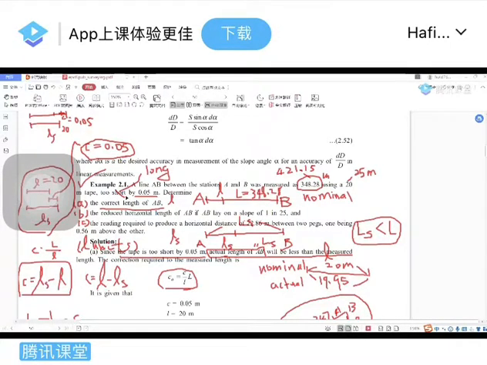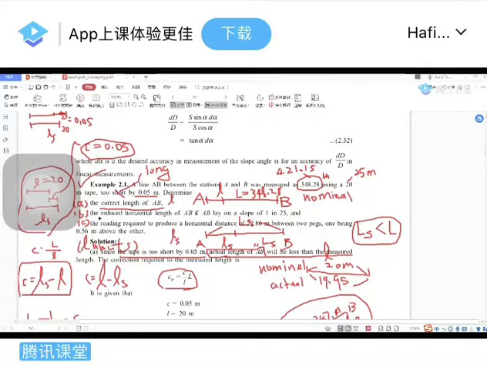I'll keep this intact. So it's too long by 0.05. Now you calculate the standardized length, or if you like, the correct length of AB.